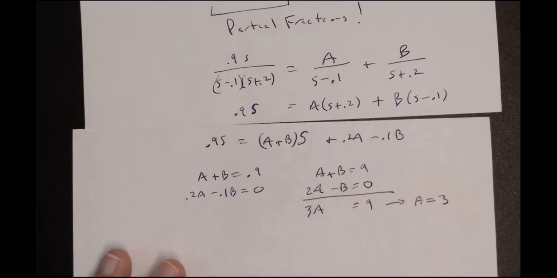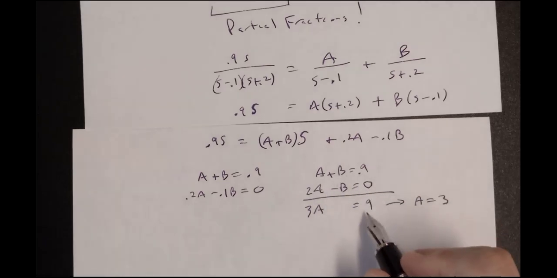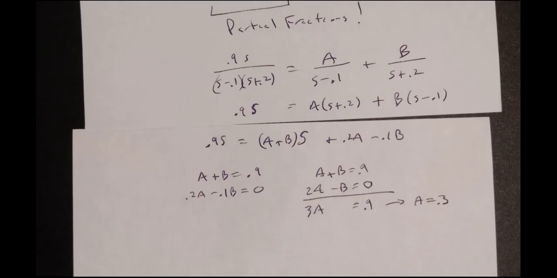And then I know what's B. Oh, wait a second. I didn't multiply the top one. That's 0.9, 0.9, 0.3. What's B? 0.6.